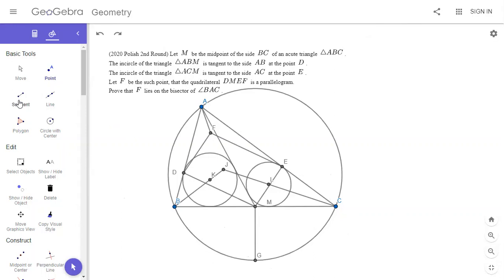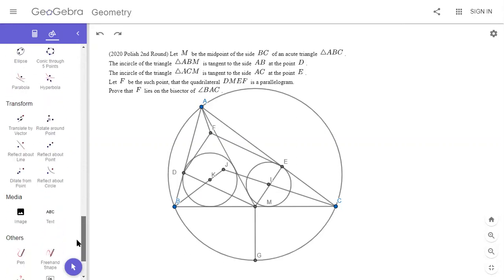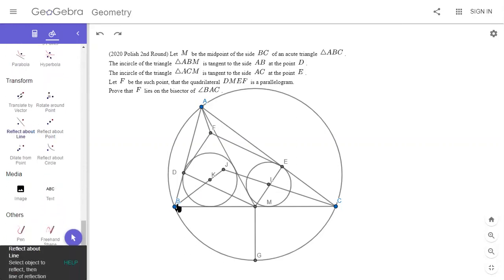Let's see. So if I reflect B, let me try something. Reflect B across DM.